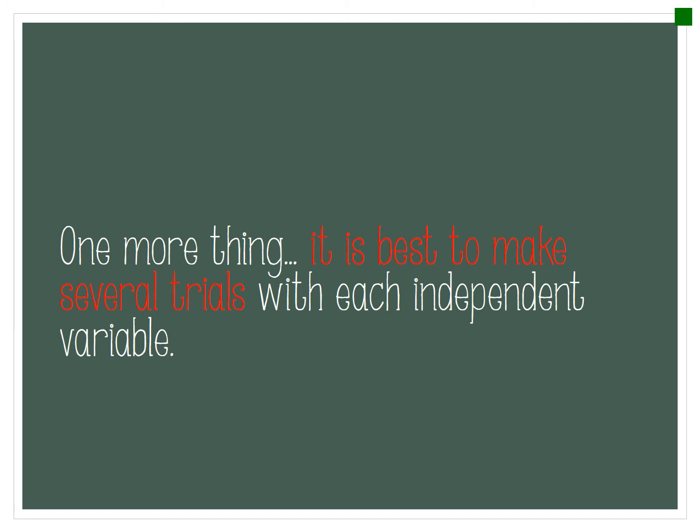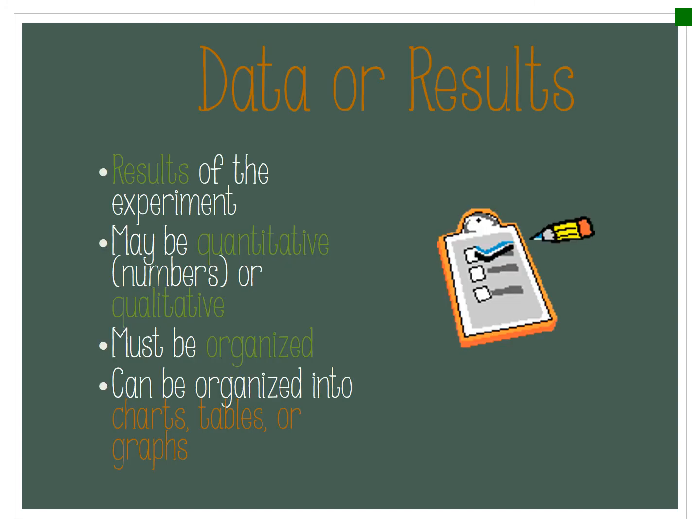So if he decided to do a blue hat, a red hat, and a green hat this week, next week when he goes to school, he needs to do the same 3 hats wearing the same outfit. And the week after that, he has to do it again wearing the same 3 hats and the same 3 outfits. We always want to make sure that our experiment results, our data is valid by doing multiple trials. Multiple trials.